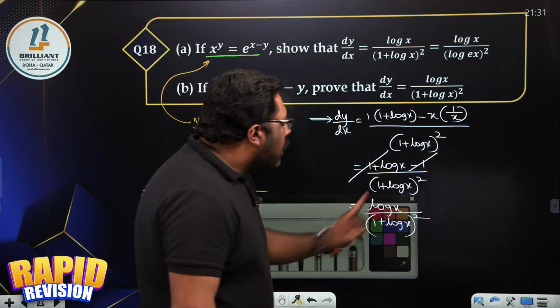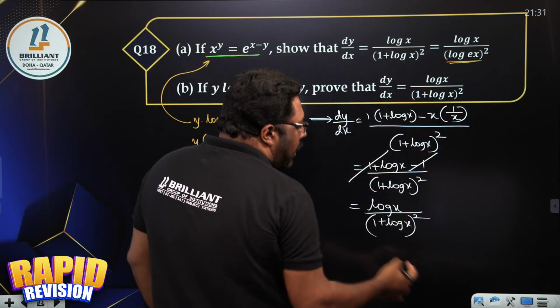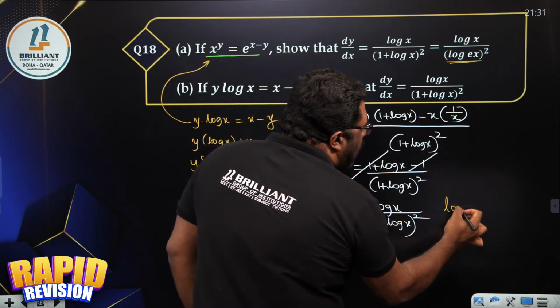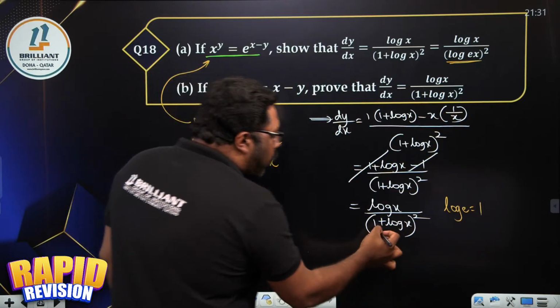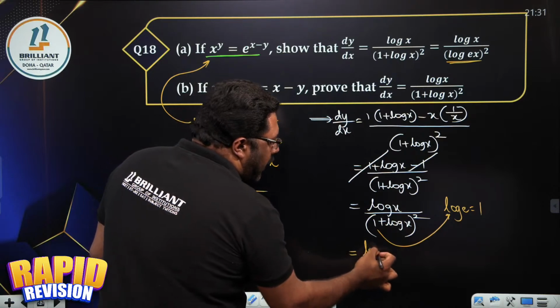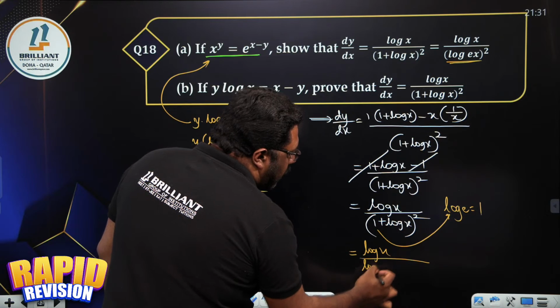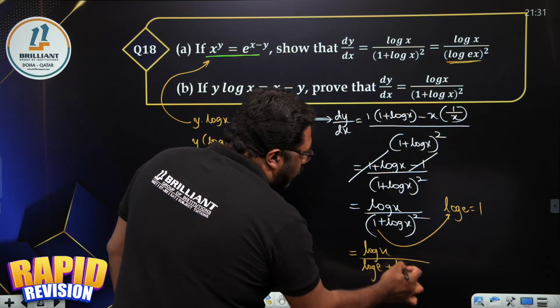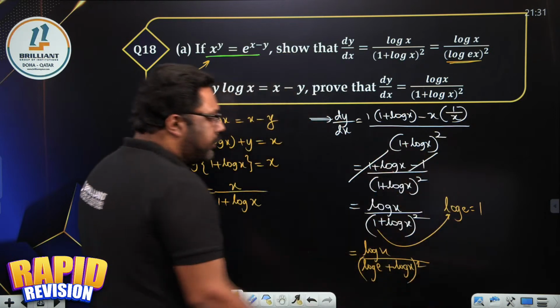Now, how did this become this form? I got the answer. We know that log e is 1. So instead of 1, I will put log e. So it is going to be log x by log e plus log x whole squared.